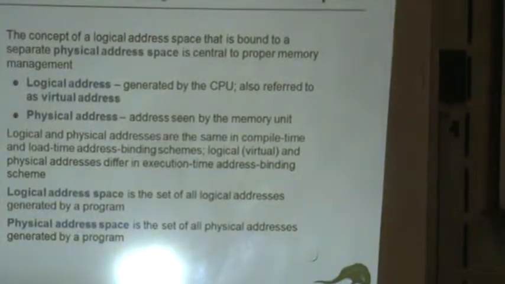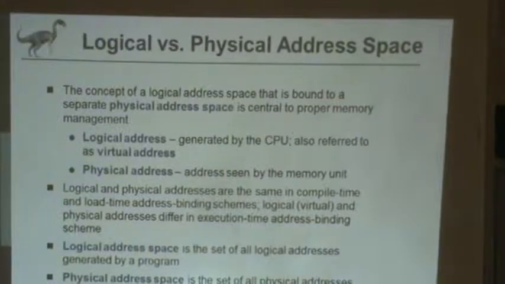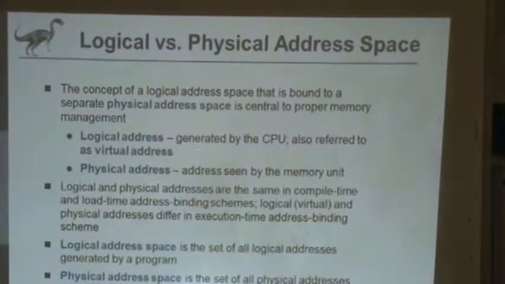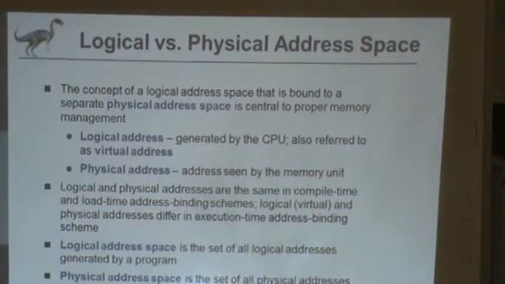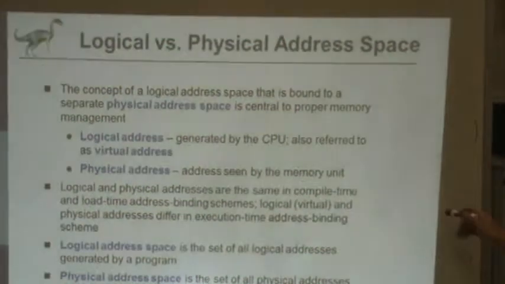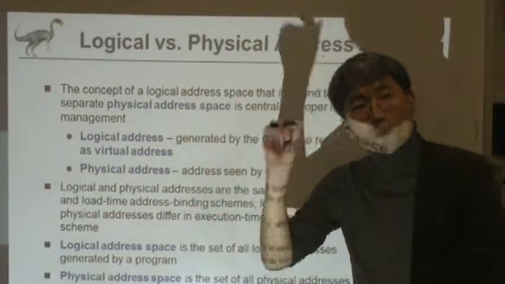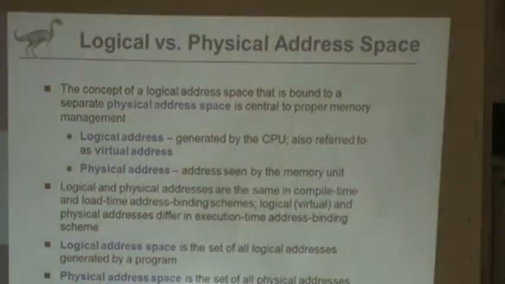So there are two different address spaces, except the symbolic address. The symbolic address is only for the user's understanding and perception of that variable, but we have the logical address, which is a virtual address, and finally we should have the physical address that can be used to find the location in the memory.